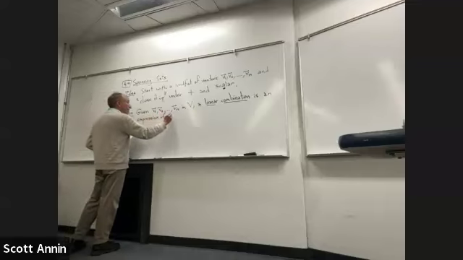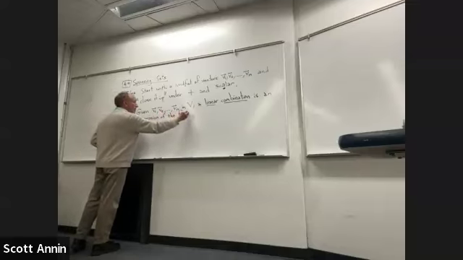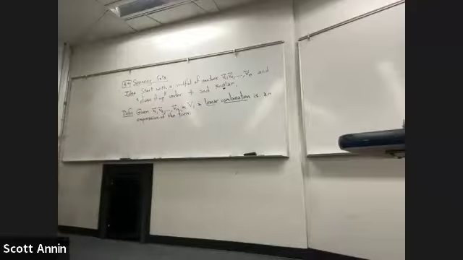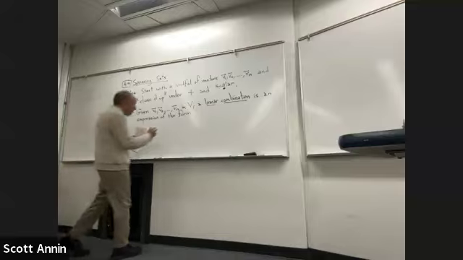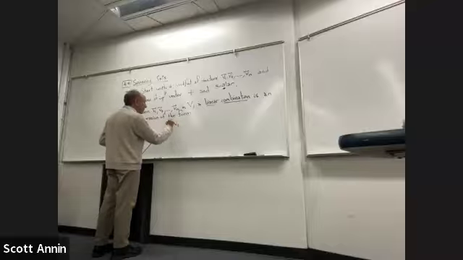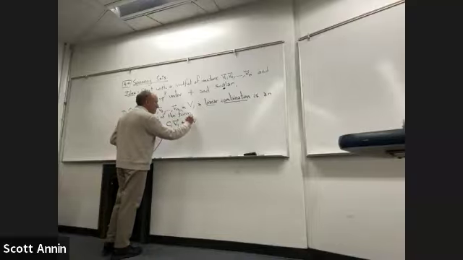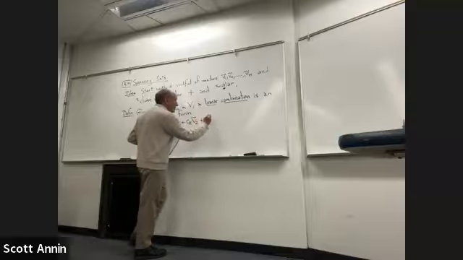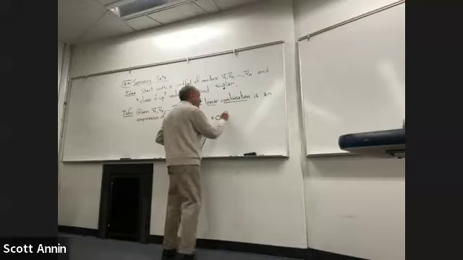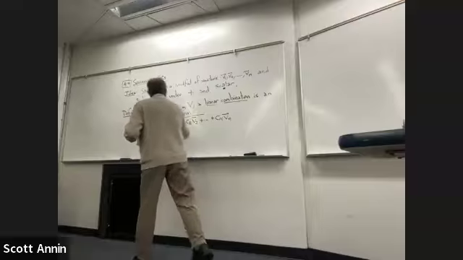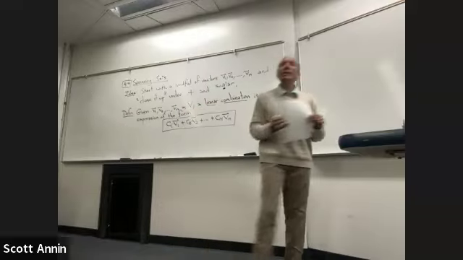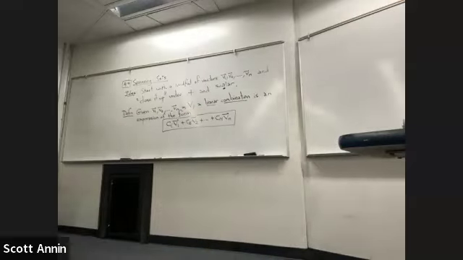A linear combination is an expression of the form c1 times v1 plus c2 times v2 and so on, up to cn times vn. This is what's called a linear combination.